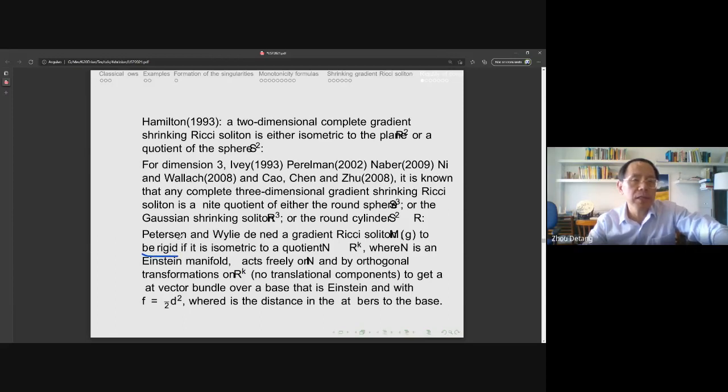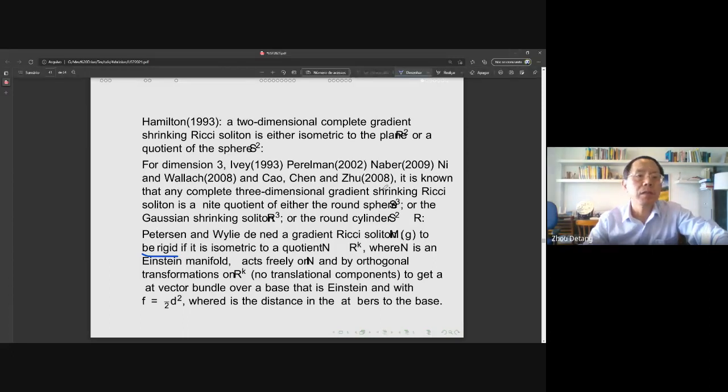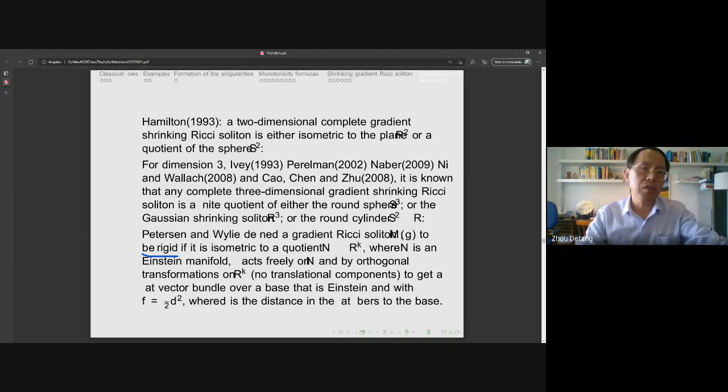So they generalized this fact to any dimension: a gradient Ricci soliton is rigid if it is a quotient of a product of an Einstein manifold with Euclidean space.